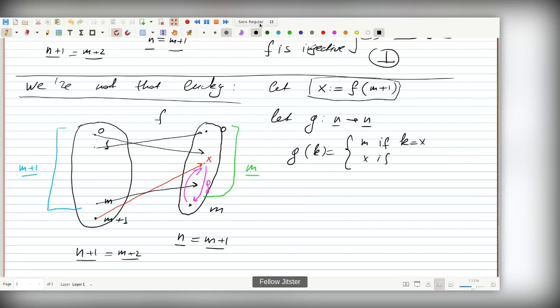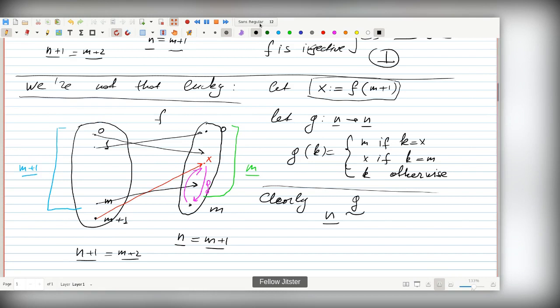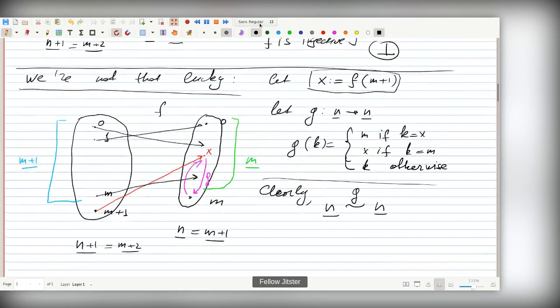It takes x if its argument is m, and otherwise it just does not change its argument. It is quite clear that our function is a bijection. Clearly, g is a bijection between n underlined and n underlined, and in particular, it is injective.